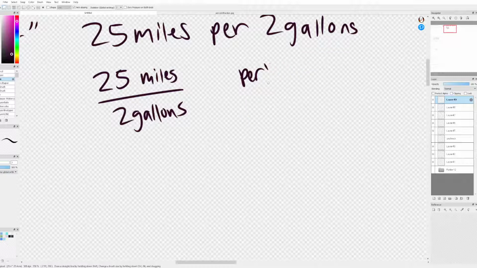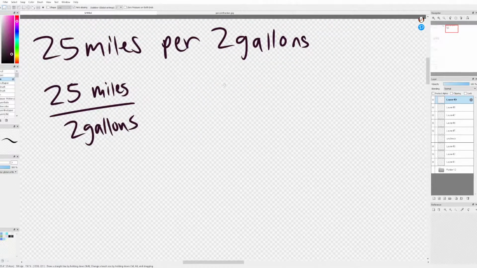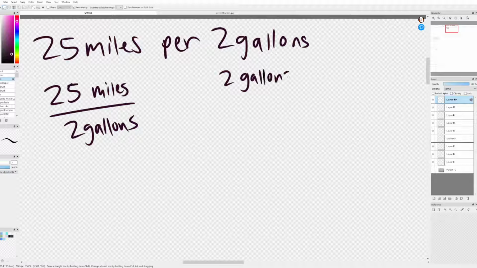So if you said how many gallons per 1 mile, you could do 2 gallons for 25 miles. And then whatever that gives you is going to be however many gallons per 1 mile it takes. So that would be 2 divided by 25, which is 0.08.